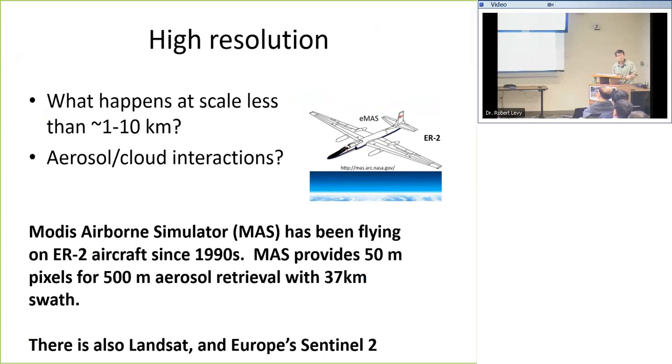So we can look at aerosols at very high resolution, and also next to clouds. More recently, we've also been playing a little bit with Landsat data. I don't have any plots to show. And then the European Sentinel-2, which is essentially Landsat Light 2 as well, and seeing what we can get out of that, using the same algorithms and same retrieval techniques, but at the really high resolution.